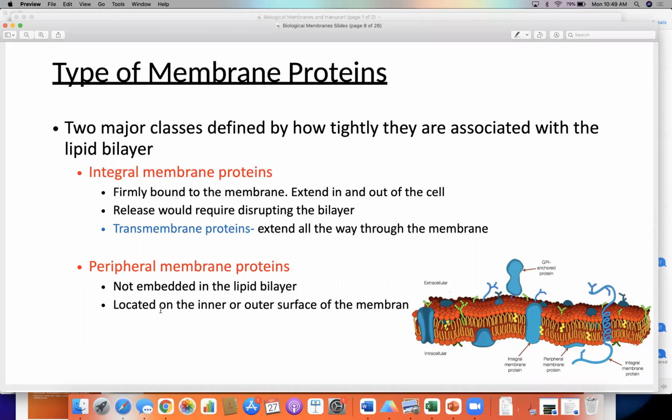They're typically located on the inner or outer surfaces of the membrane, but they are not embedded throughout. They do not span the entire length of that membrane. So peripheral proteins are going to be in association with the membrane, yes, but they're not firmly embedded. Integral proteins are. I'm going to stop here so we don't run out of time.